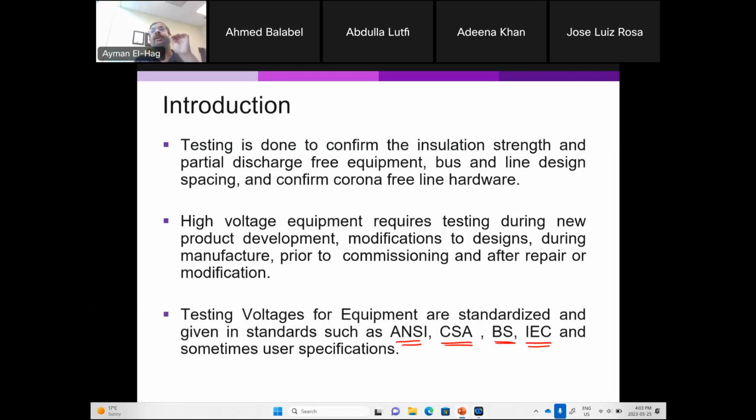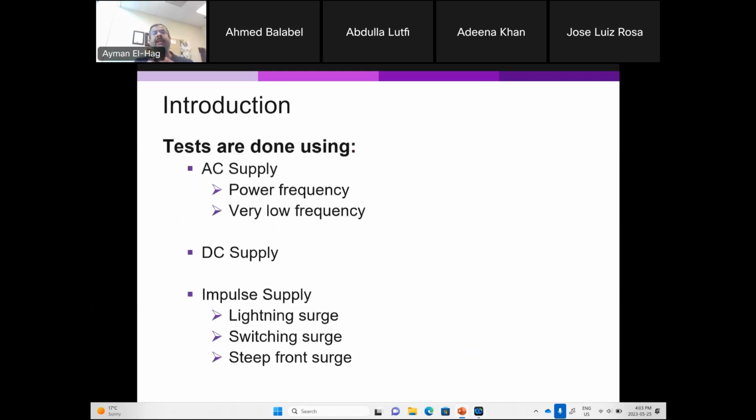So now, when it comes to high voltage testing, we test the equipment depending on its usage, of course, but these are the general types of tests needed for the asset. The first one is the AC test. Basically, it's a sinusoidal high voltage test. It happens most of the time at the power frequency, either 50 or 60 hertz, the same frequency we have in our network.